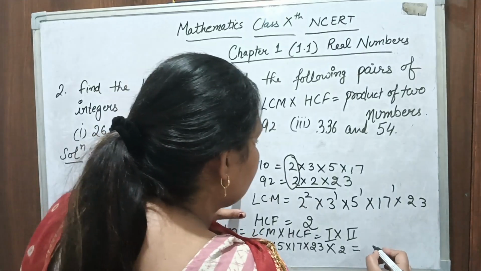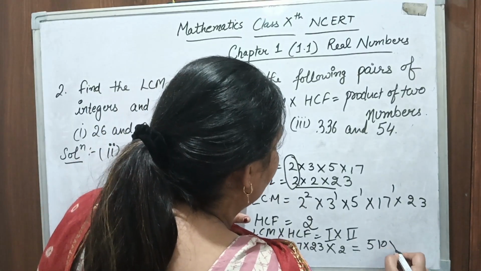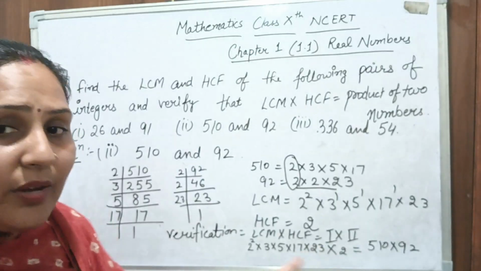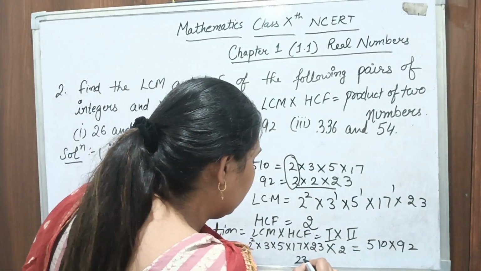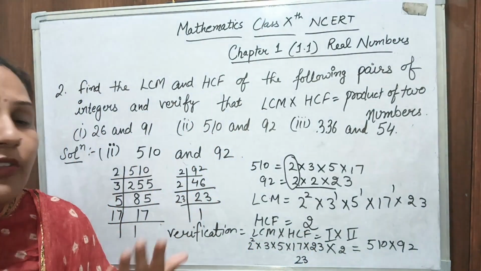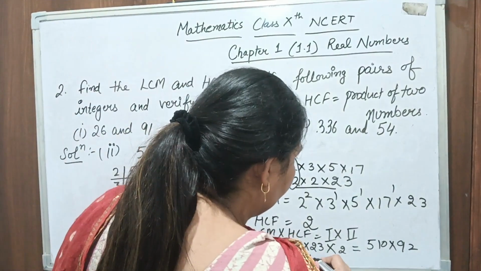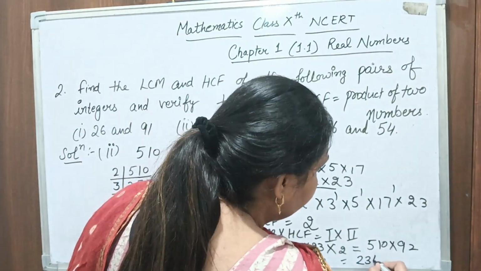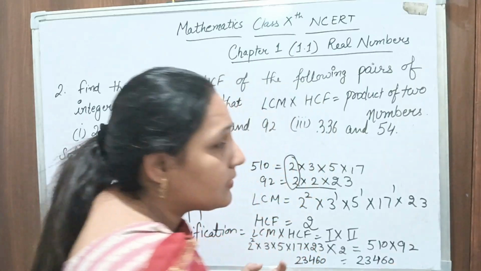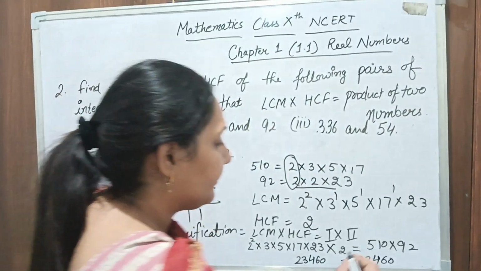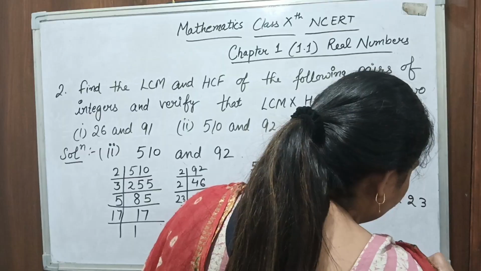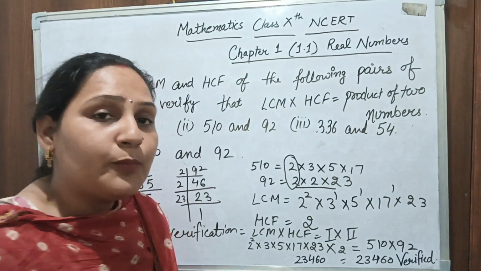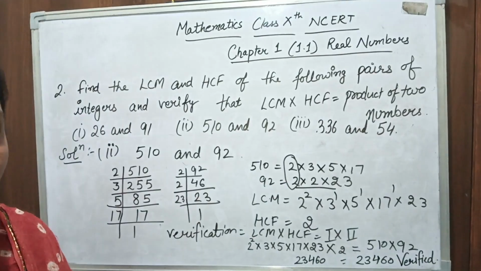Our first number is 510 multiply by 92. You will multiply them and you will get 46920, and you will say these are verified. Hope you understand this part also.